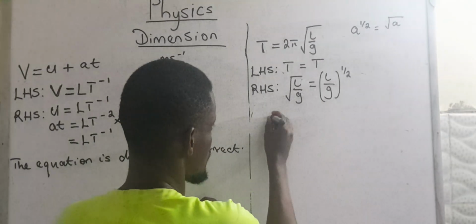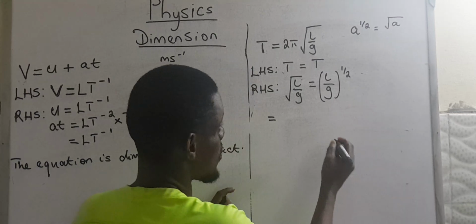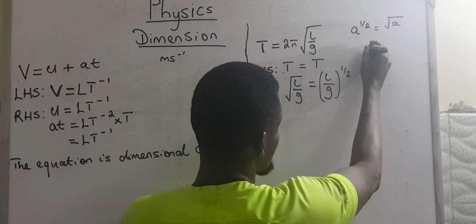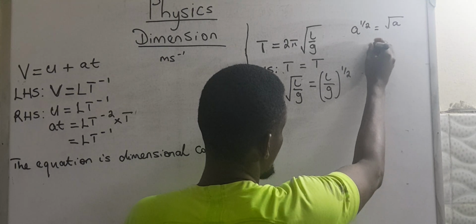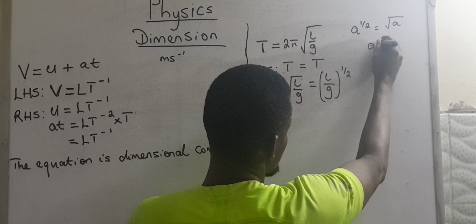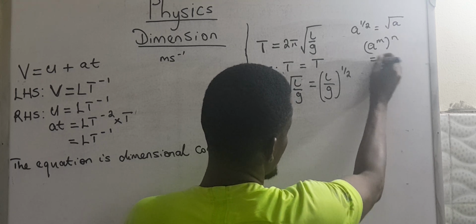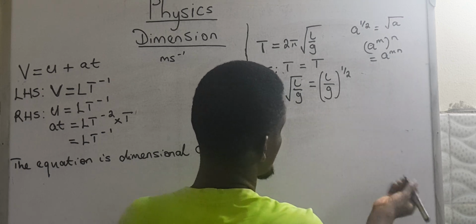From your power law, if you have A to the power m, all to the power n, these powers multiply each other. This will be A to the power m times n, which is mn.